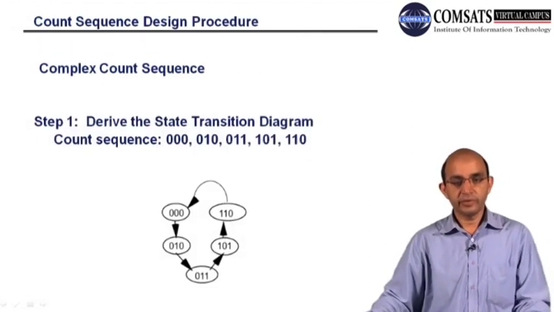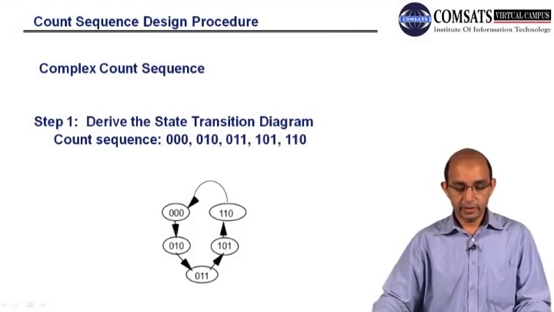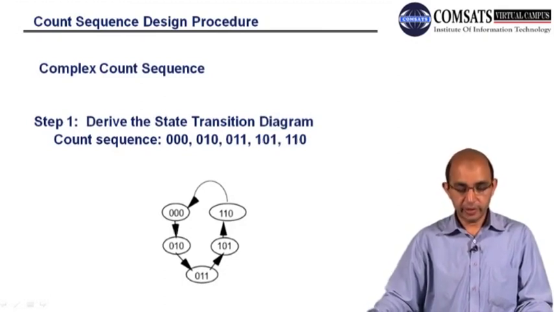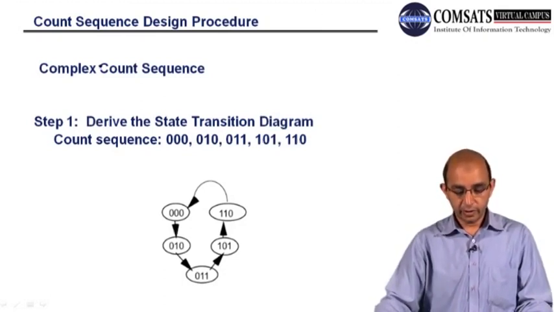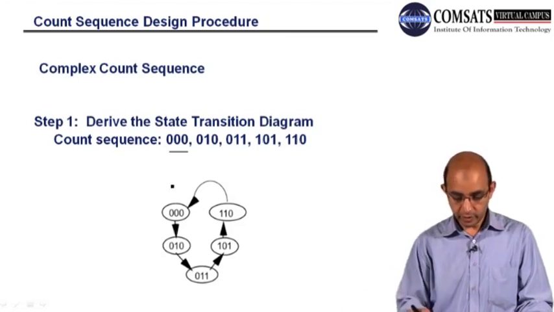So here we have to design a circuit that can count a very different sequence, right? So here you can see that we have 0 0 0, and then we have 0 1 0, right? So what is missing in between, right? So let me write down.